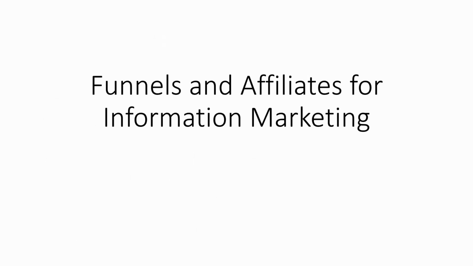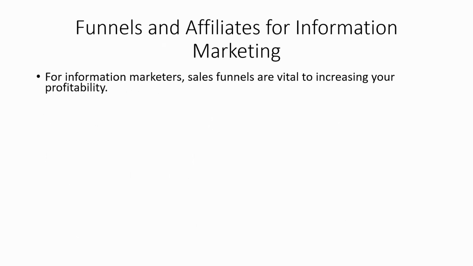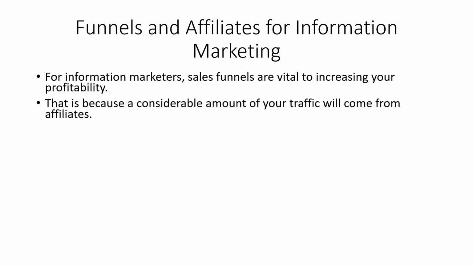I want to go a little deeper into information marketing here. And so these are always going to be vital principles for increasing your profitability as an information marketer. A lot of your traffic as an information marketer is going to come from affiliates.